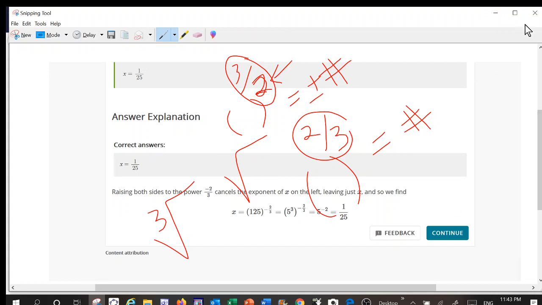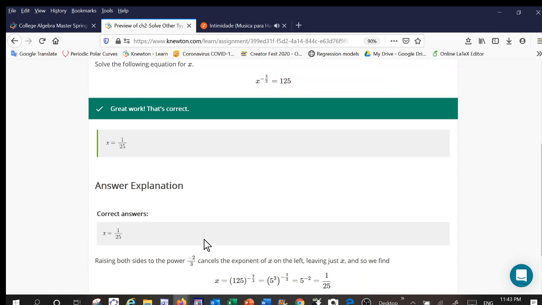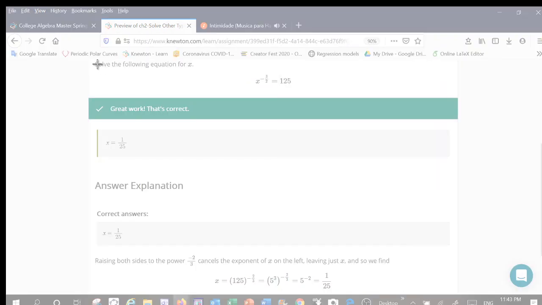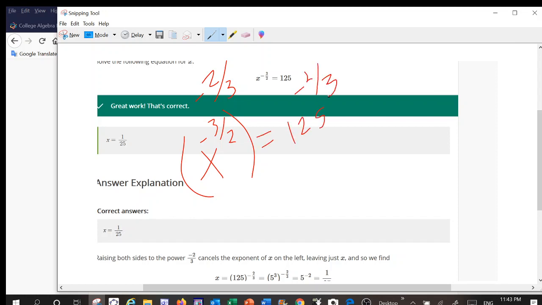So in this problem, the way I did it, you could also do it this way. You say, I'm going to raise both sides to negative 2/3. 125 to negative 2/3.